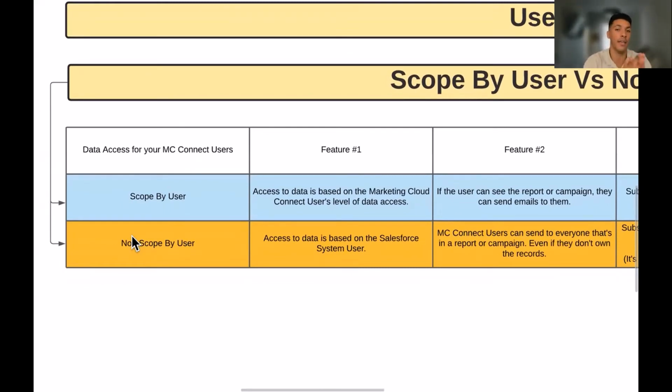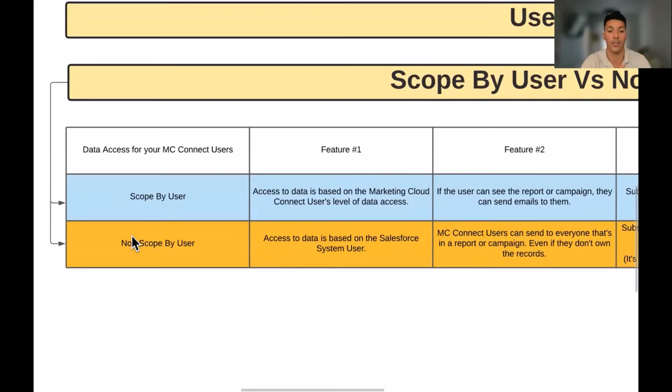Remember at the very beginning, I mentioned you're going to need to know the prerequisites and steps for Marketing Cloud Connect setup, so that you understand whatever you're choosing in step 1 has implications on step 7, or maybe 7 days after you set up Marketing Cloud Connect and you don't see a user's access or you can't see a certain field.